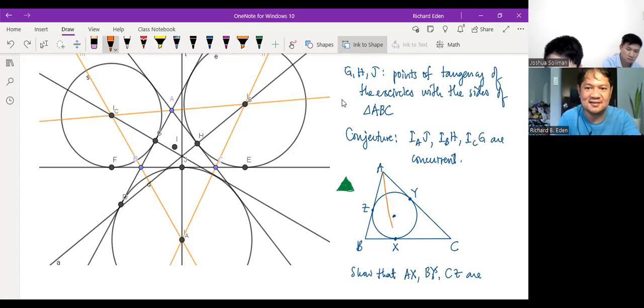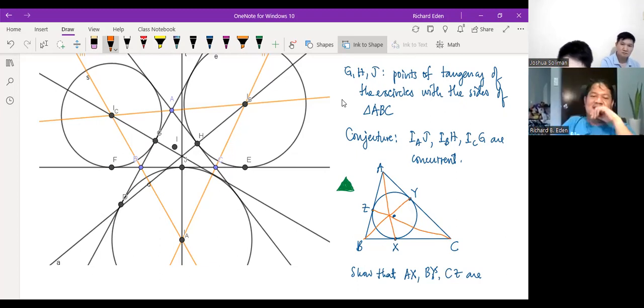I found the answer. Well, what do you mean? How did you find the answer? Nag-search ka? Maybe it could be provable by Ceva's theorem. Kasi actually, in this case, yes, I invite you to do that.